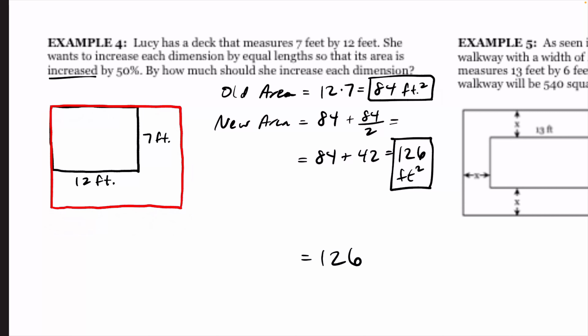So what is the length of the new deck going to be, the red? There's going to be an X in there. Is it going to be bigger than 12 or smaller than 12? Bigger, right? So I need to add 12, right? How much am I adding to 12? Not 6. How much am I going to add to 12?